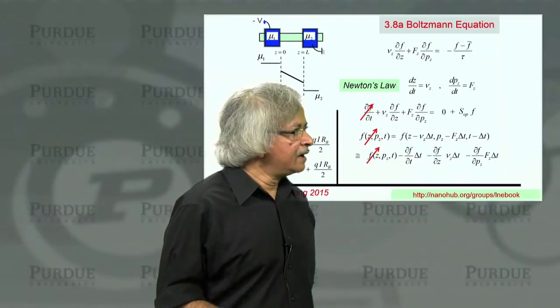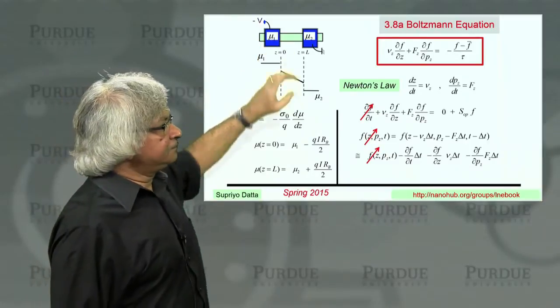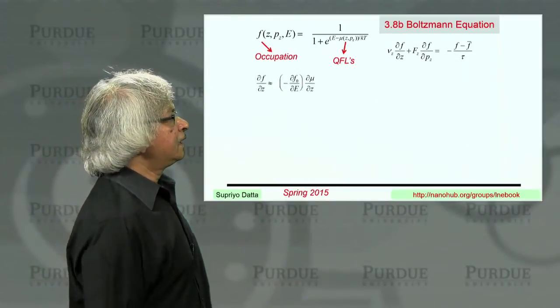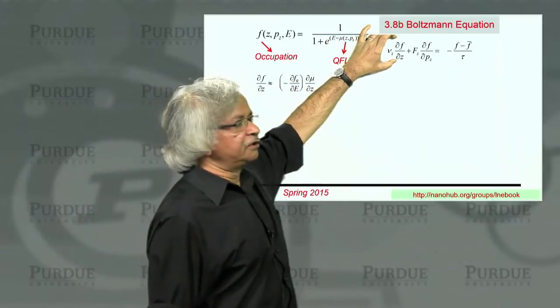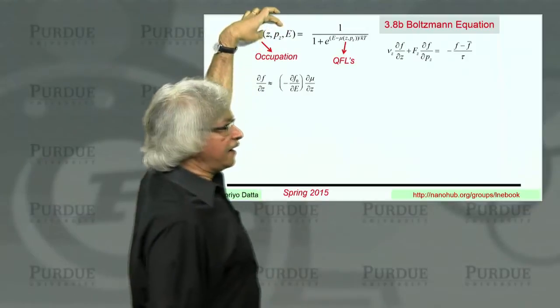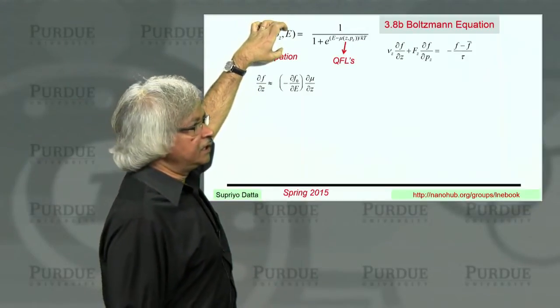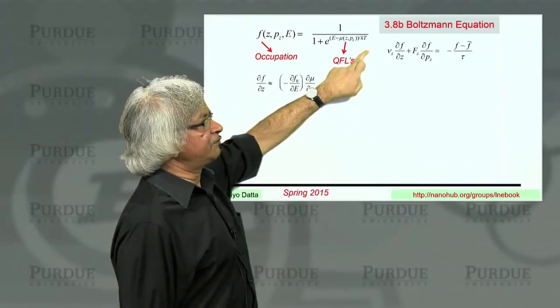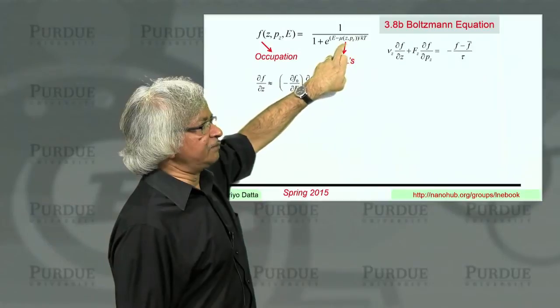Okay. Now, if we wanted to go further with this equation, I want to introduce the idea of quasi-Fermi levels. You could take the F, which could have any form in general, but write it in the form of a Fermi function with these quasi-Fermi levels, mu.